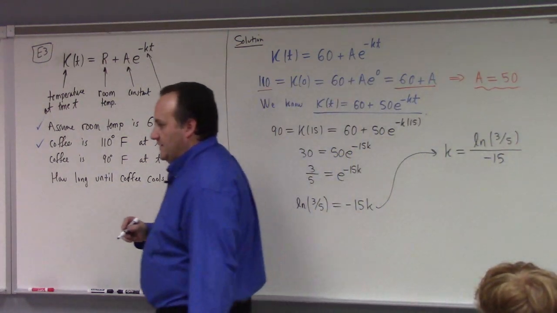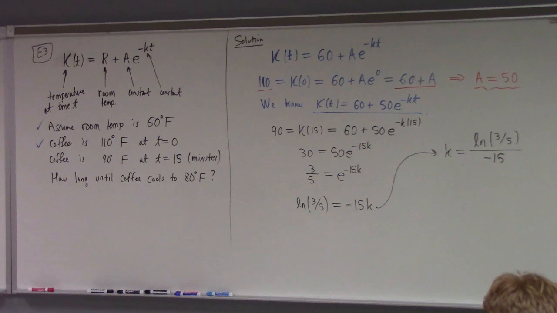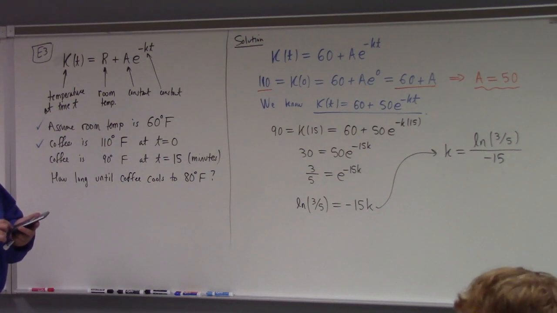It may be convenient at this point to find a good decimal approximation for that value to use for the rest of the problem, okay? Now when you do this, don't be too sloppy. Well, it won't hurt my class because I don't use electronic homework, but if you were in a different class where there was electronic homework and you were sloppy about this, it'll make the rest of your answers wrong, right? So I'll try to be somewhat careful to be a good example.